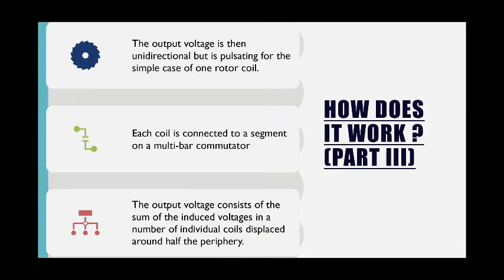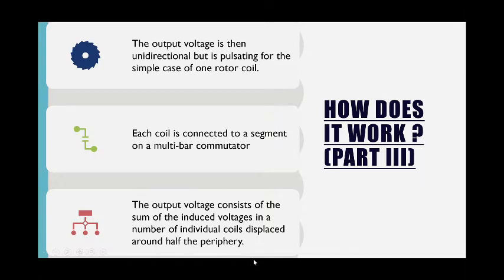Then each coil is connected to a segment on a multi-bar commutator. Later the output voltage consists of the sum of the induced voltages in a number of individual coils displaced around half the periphery.